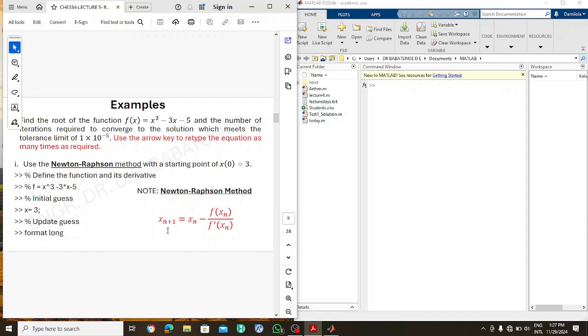It says the refined value of x is equal to the previous value, the one that you guessed, minus the function evaluated at your guessed value divided by the first derivative of that function at your guessed value. We are going to repeat these steps until we have met the tolerance limit.